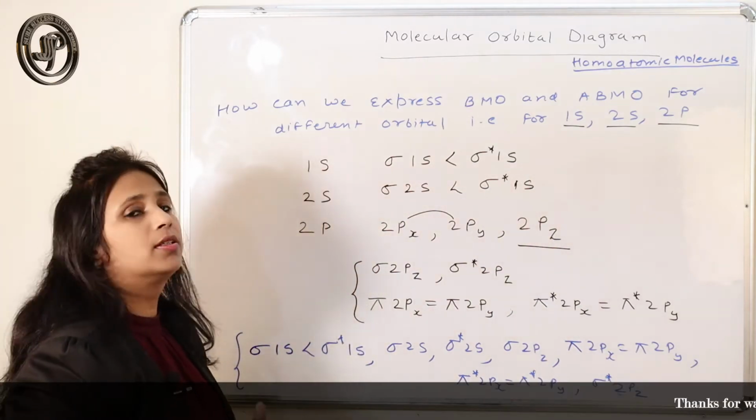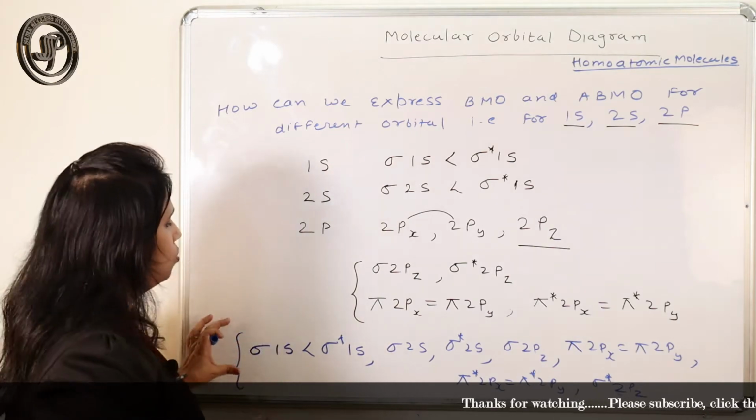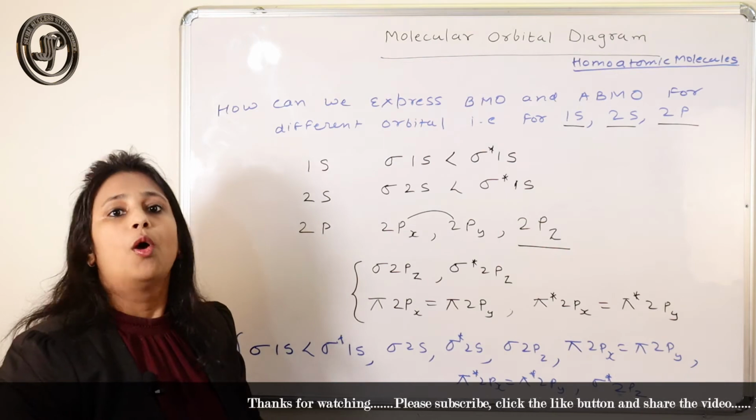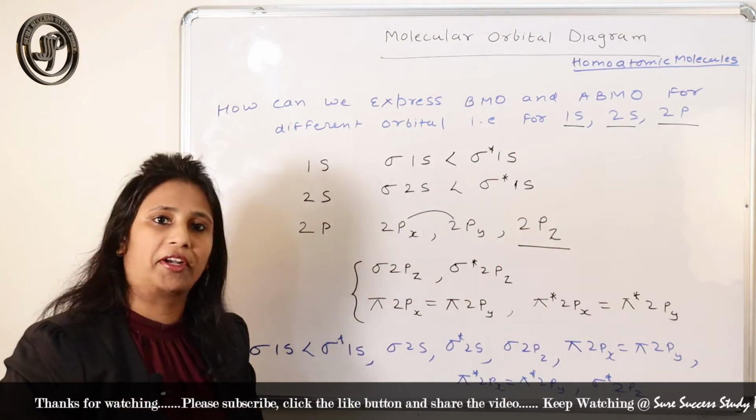But there is an exception. This sequence is true when the number of electrons is more than 14.